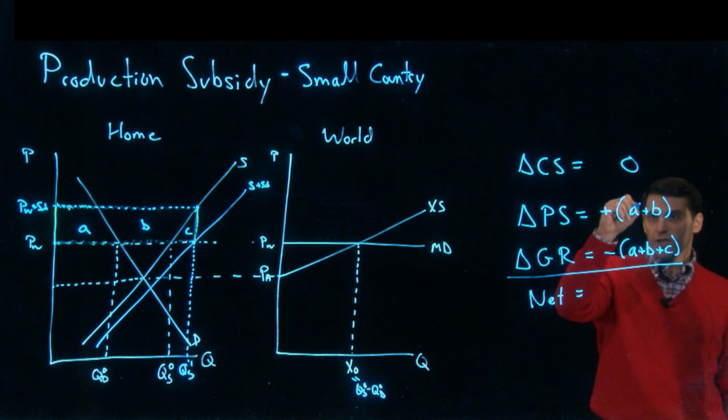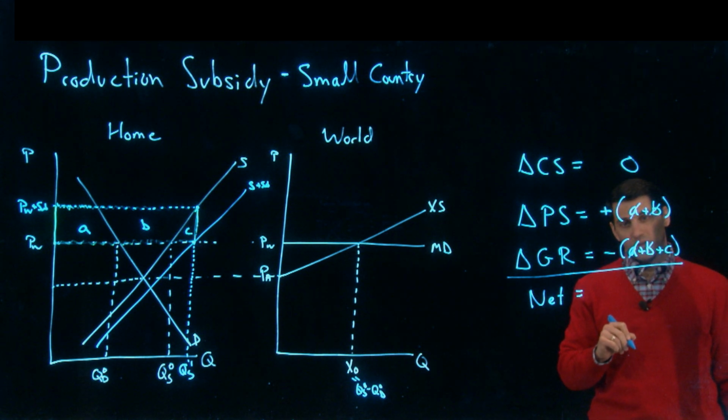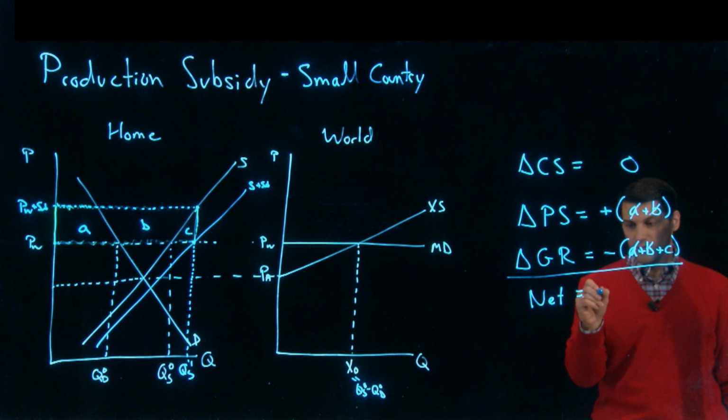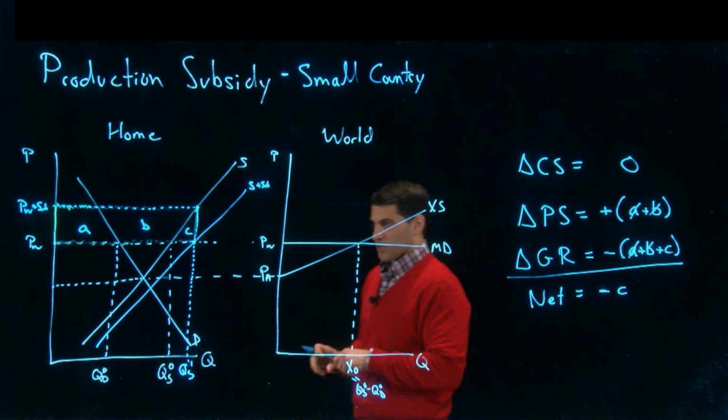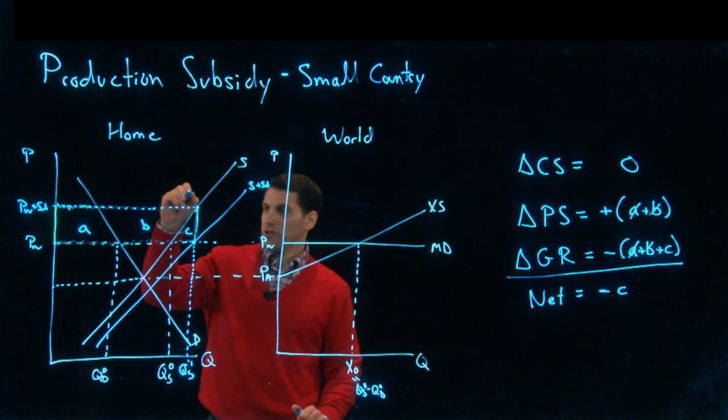So while the producers are gaining A and B, that's really just coming at the expense of the taxpayers. And so now we're left with what we're labeling C, right? That's just our production loss.